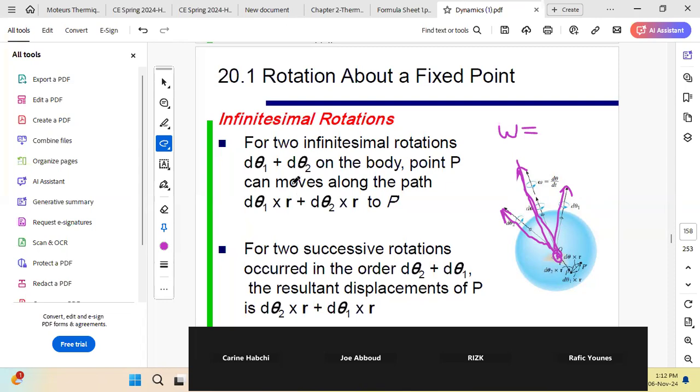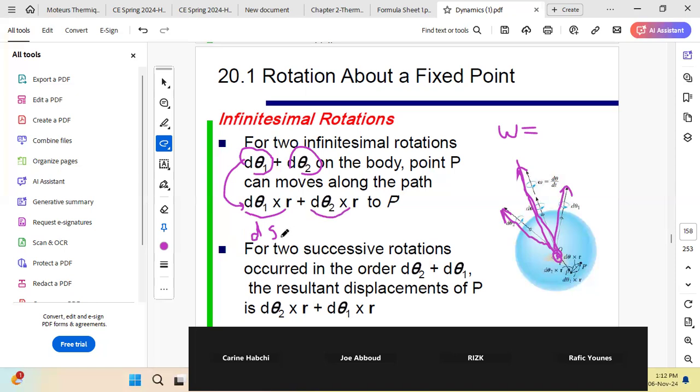And we know already that if we consider elementary displacement angles d theta 1 and d theta 2, this corresponds to curvilinear motion, and if you want to determine the displacement in curvilinear coordinates ds, we can say that point P will move along the path d theta 1 vectorial r plus d theta 2 vectorial r.